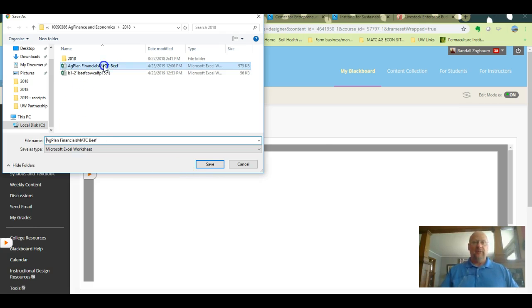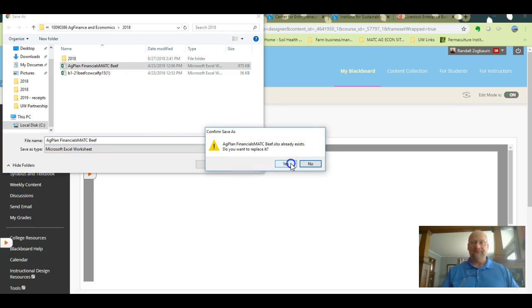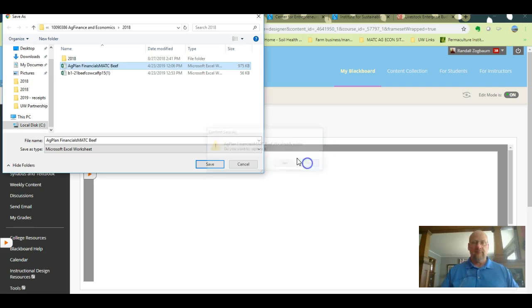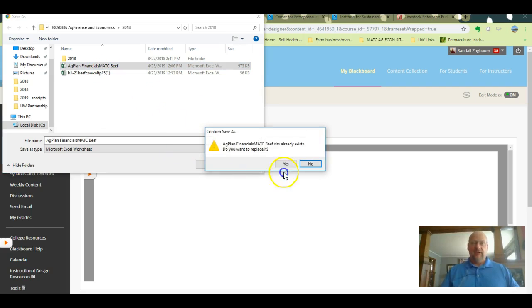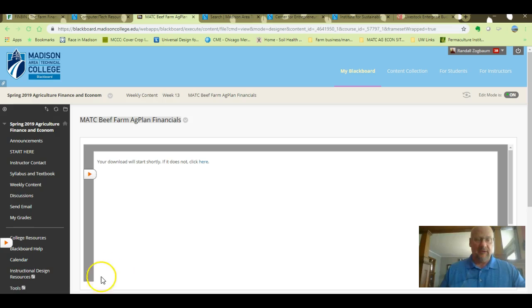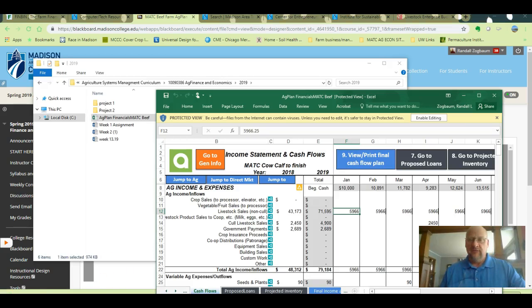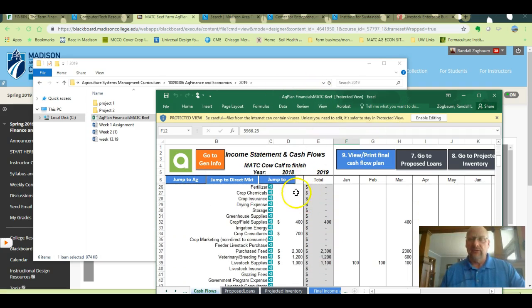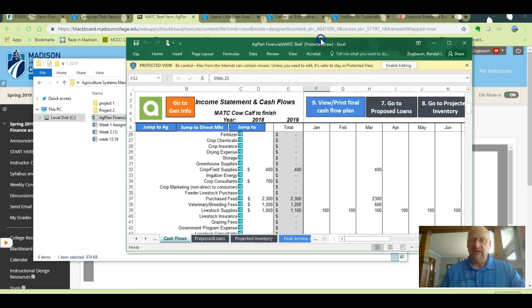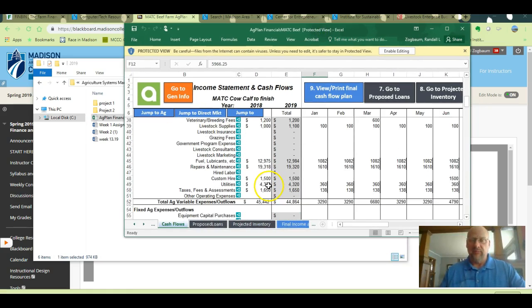So you'll be able to find that and download it. When you open that up, it's the egg plan financial tool. The cash flow statement is in here, and some of the data that I put in.